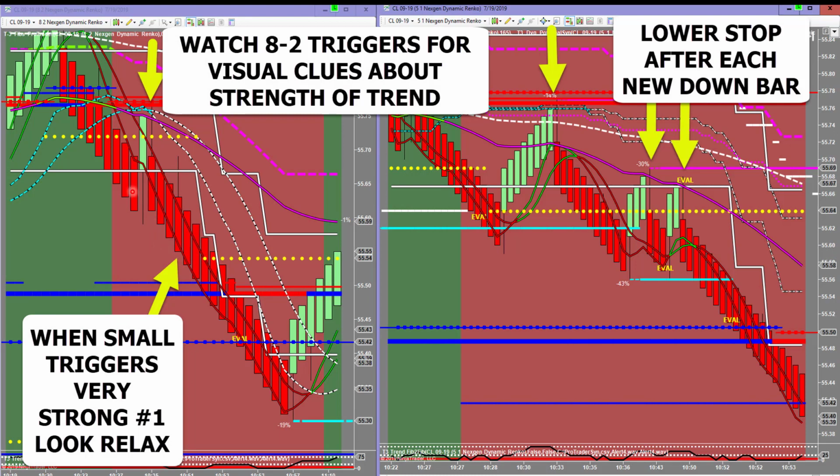When the small triggers are super strong below all the other triggers, you pretty much just wait for retracements, and then on every new bar down, you lower your stop, and then you wait for your target. Again, when it's really strong, you don't really have to manage very much. You want to pull your stop down after a new bar, and you don't want to let anything scare you out of making your money.